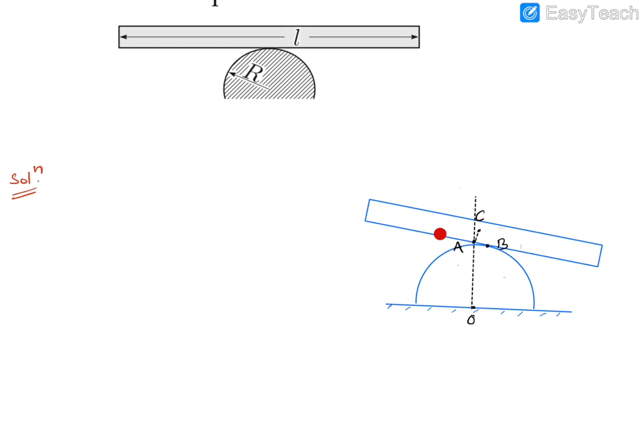If we look at the free body diagram of this plank, we will find the gravitational force acts on this plank at point C. If that gravitational force lies on the left side of point B, then this force is going to create an anti-clockwise torque, which indicates the stable condition.